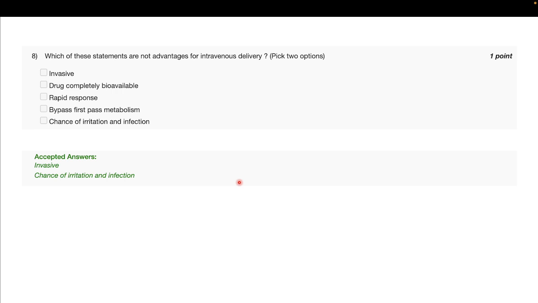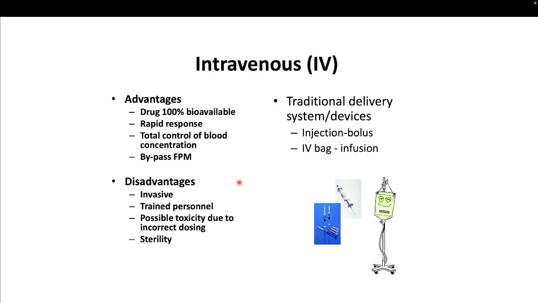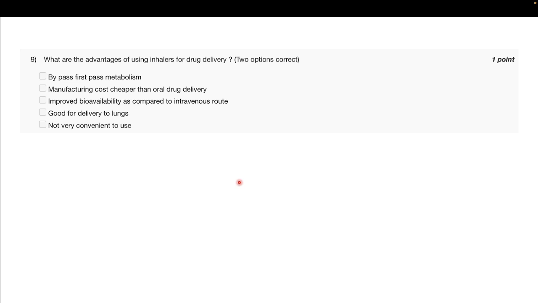Yes, ma'am. Okay. The next question is, what are the advantages of using inhalers for drug delivery? Again, we have to choose two correct options. So in a way, this is asking us what are the advantages of inhalation route for drug delivery.